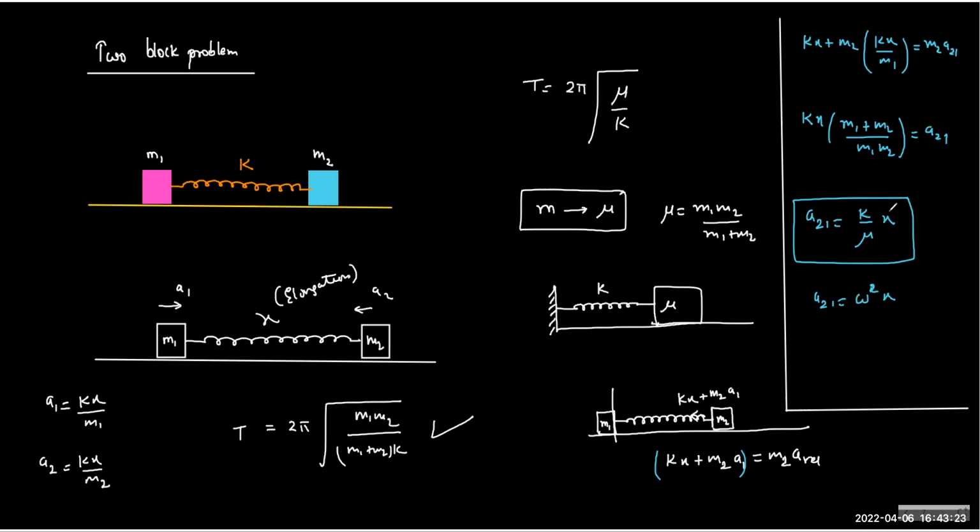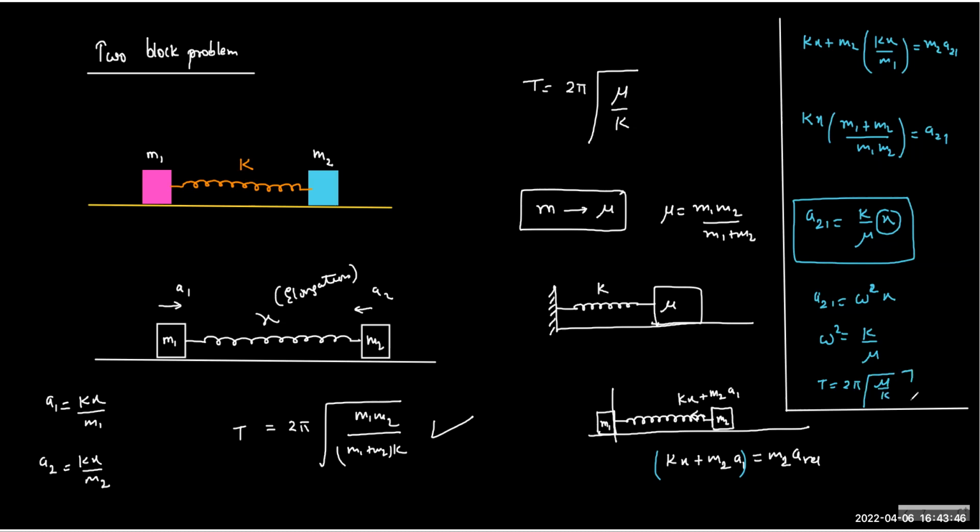Now X itself is the relative separation, because it is not the displacement of an individual block. What is X? A relative separation between the blocks. So you can rewrite the formula like this and just compare. So your answer is something standard.